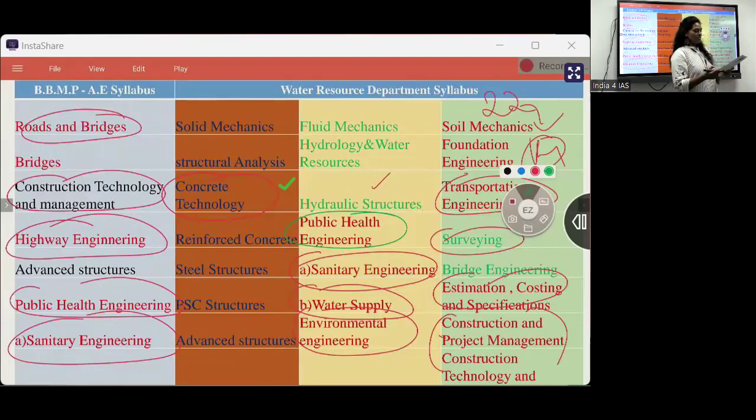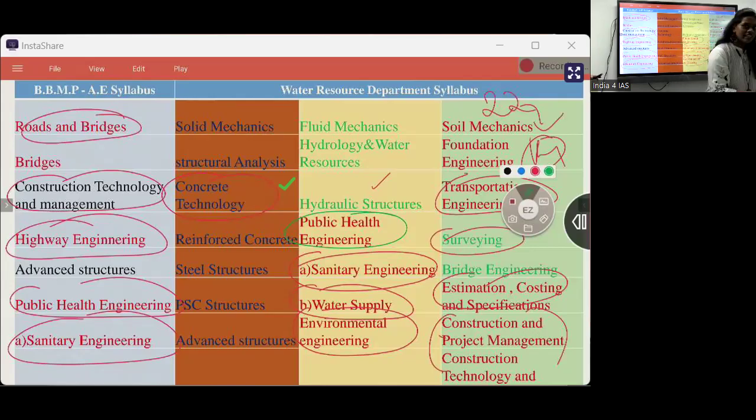The options: carbonates and bicarbonates; bicarbonates of sodium and potassium; carbonates of calcium and potassium; and dissolved carbon dioxide. You can easily eliminate 2, 3, and 4. So the option is 1, carbonates and bicarbonates of calcium and magnesium.